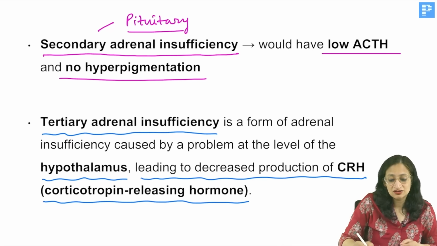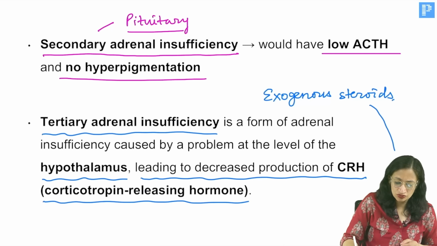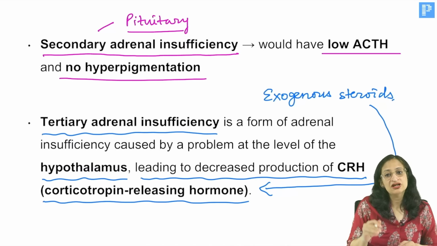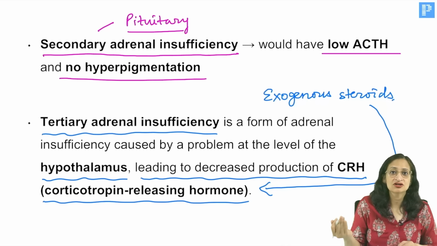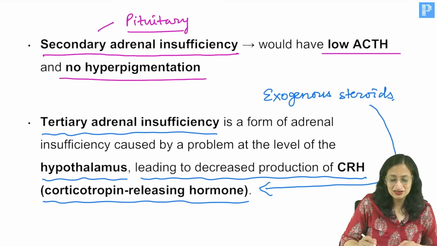And in fact, exogenous steroids, if you give them, can lead to suppression of the corticotrophin releasing hormone, suppression of the hypothalamo-pituitary tract. And suddenly, if you withdraw these exogenous steroids, the patient can land up in adrenal insufficiency. So, if you give exogenous steroids, the corticotrophin releasing hormone production decreases.